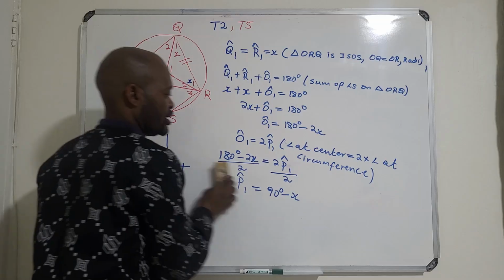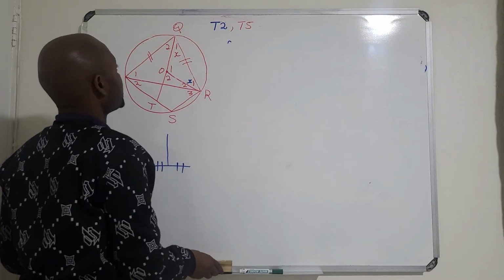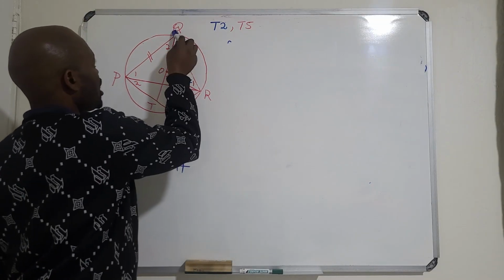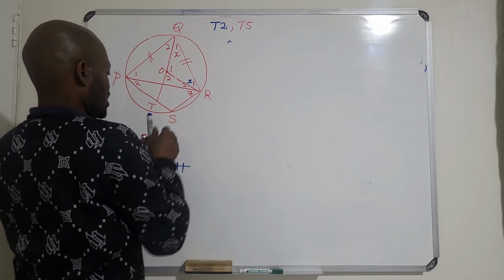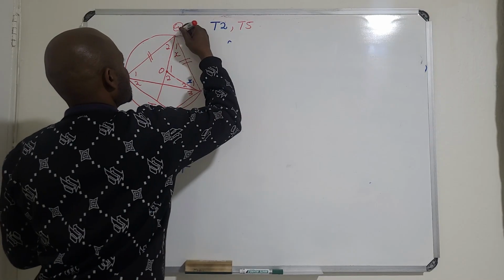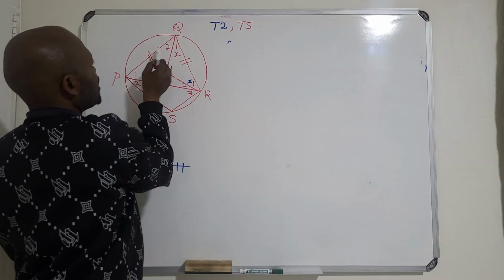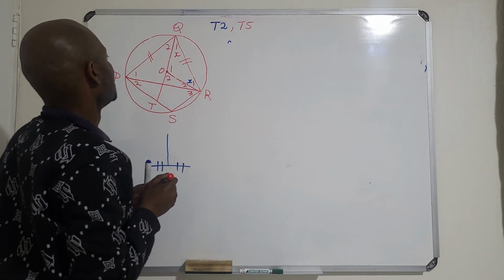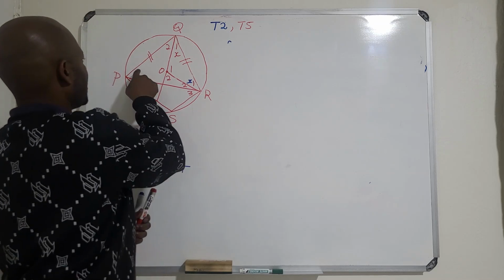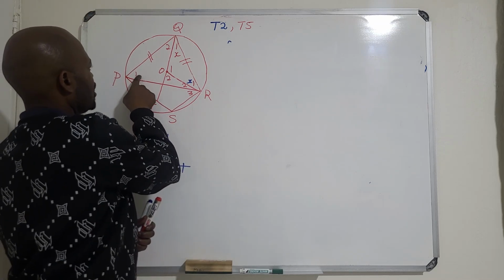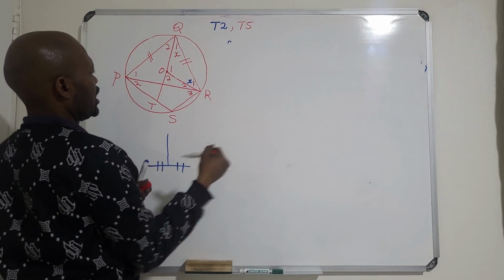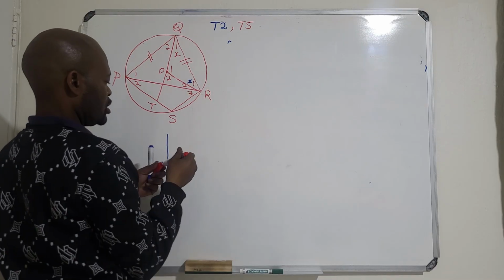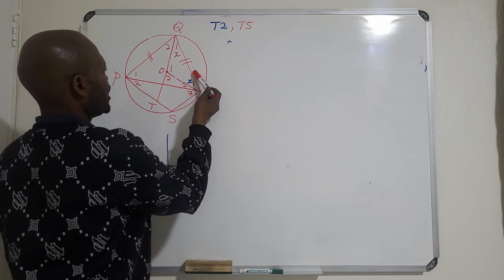For us to prove that, we start by saying that this angle is equal to this angle here, equal to this angle here.